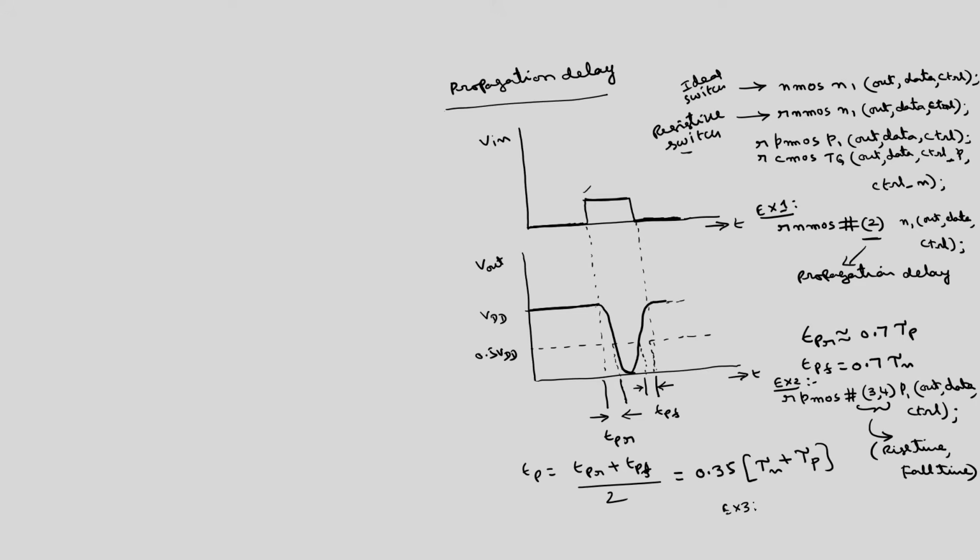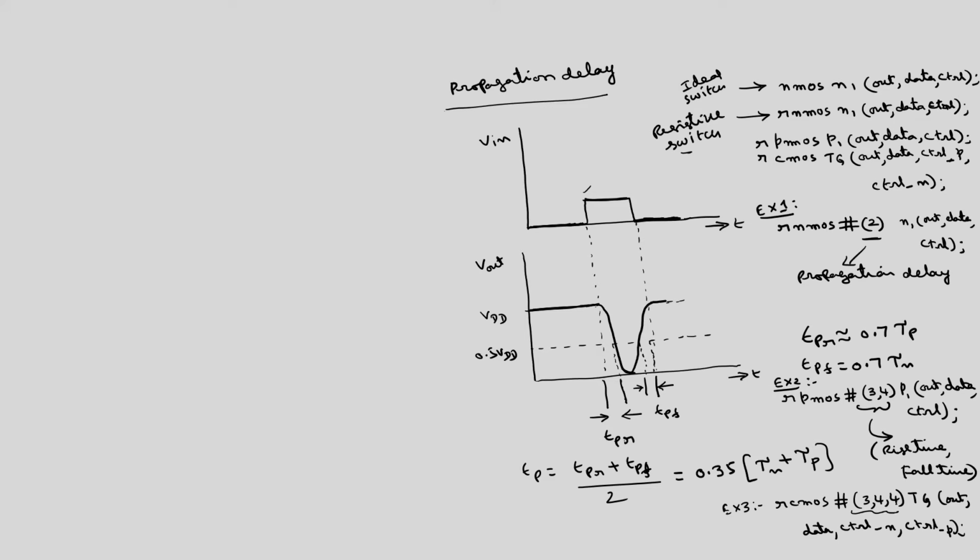Example 3 can have three values, say rcmos, pound symbol, #(3,4,4), with some name, TG (out, data, control_n, control_p).